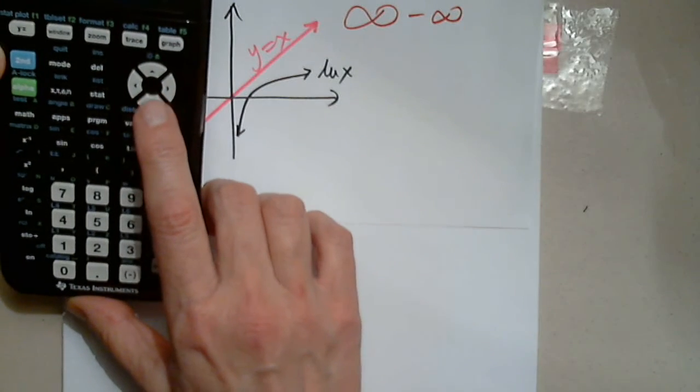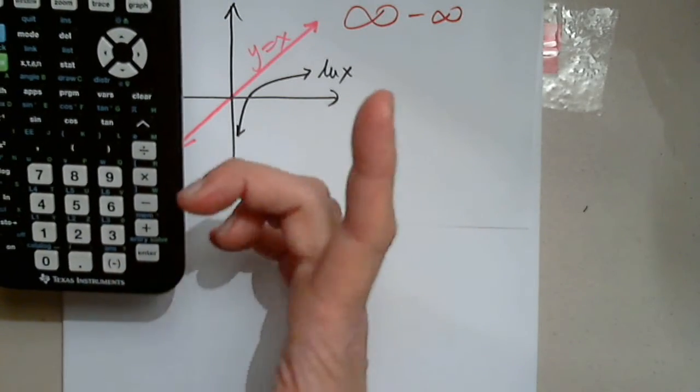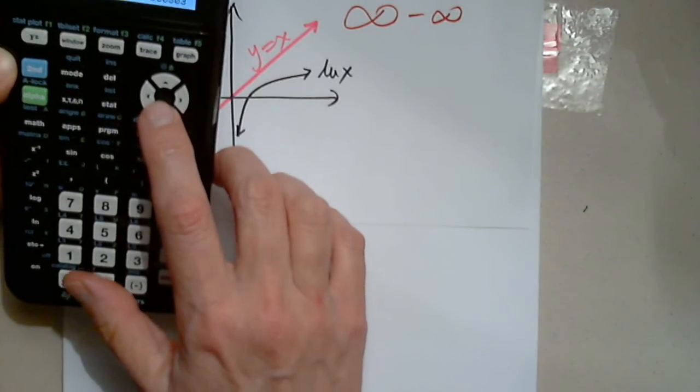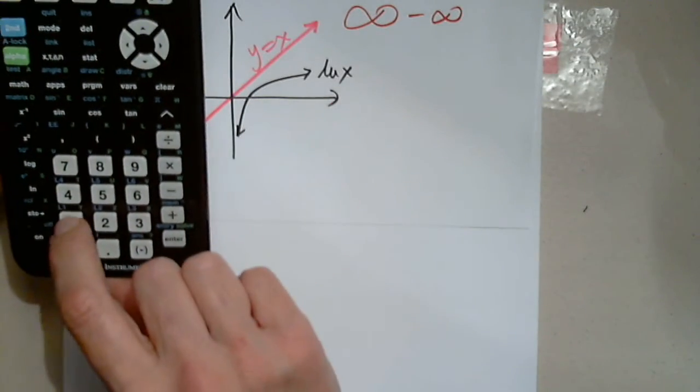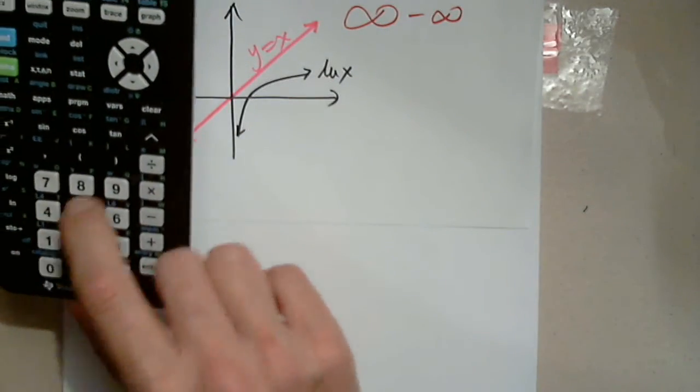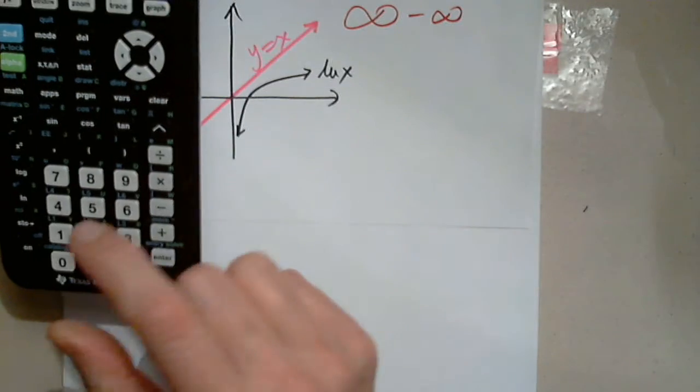Y minimum, I don't really care. I'm going to say -10. And y maximum, I don't know, let's say 400 with a scale of 50.